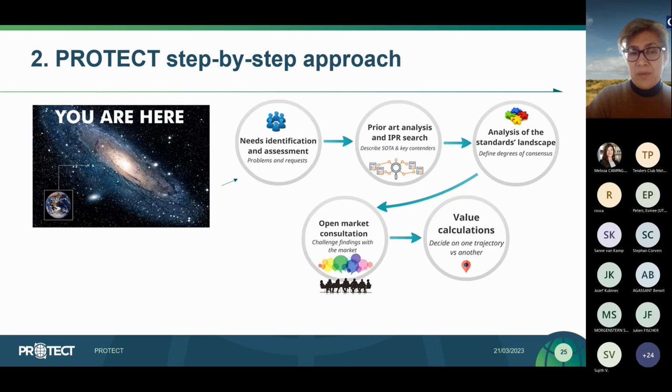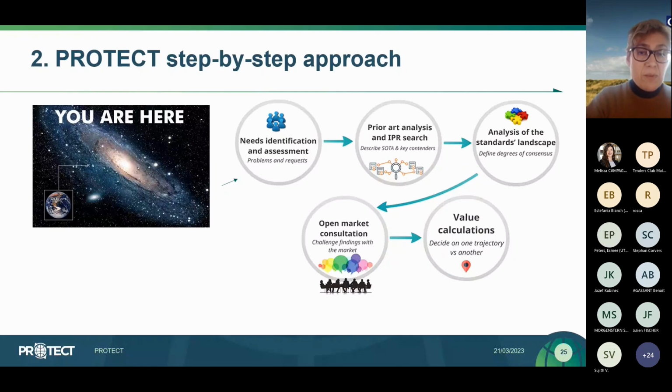And you are at the moment here, you on planet Earth, we're talking about Earth observation, but we are in the very beginning of identifying these needs and assessing these needs by looking at the problems that you have, looking at what requirements you have, and then following up the next steps to understand what is there in the market, understanding whether there are intellectual property rights available, who is owning these intellectual property rights, to understand whether there is certain defined consensus on certain standards, understand the standard landscape, and there will be open market consultation to challenge our findings, to see what the market can offer, trying to understand the needs that the procurers have identified and presented to them.